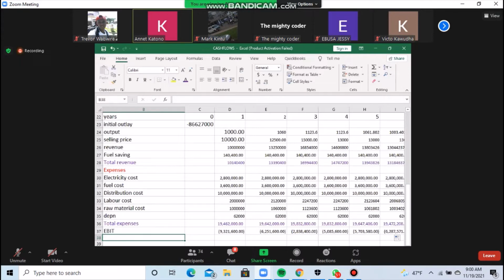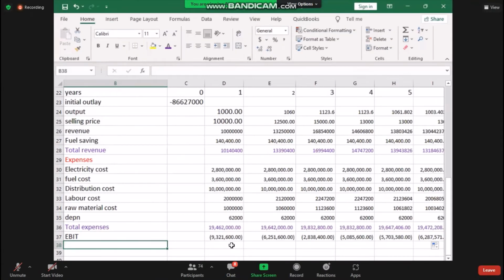You have the loan amount, you have the life, interest to be given. They'll tell you that they are getting a loan of maybe 20 million at an interest of 15%. So if that's the case, then ideally come up with the loan amortization schedule and determine the interest that you're going to put here.